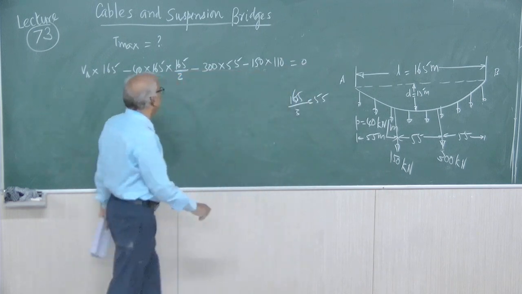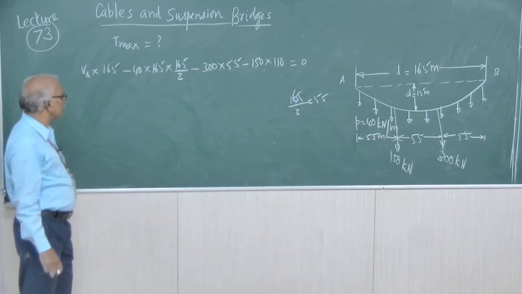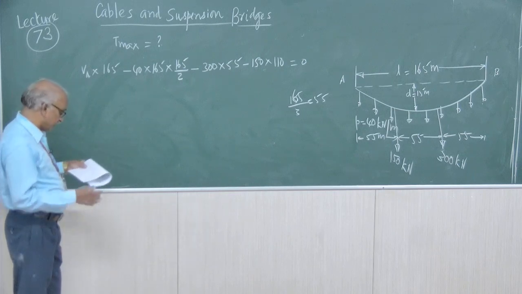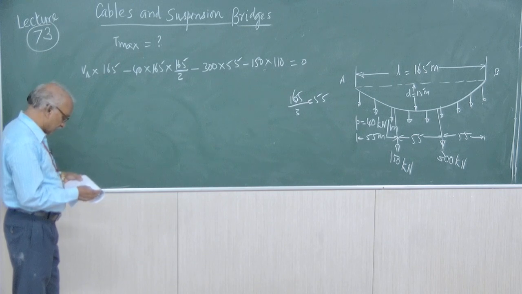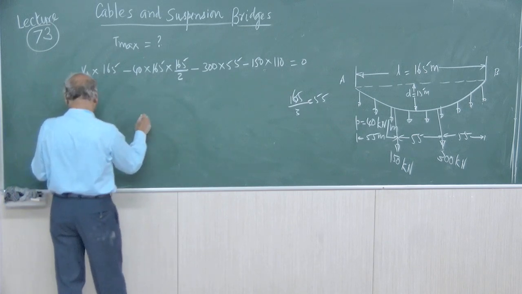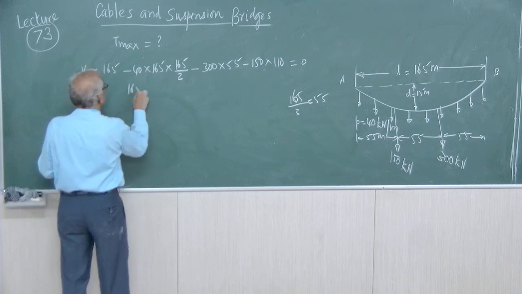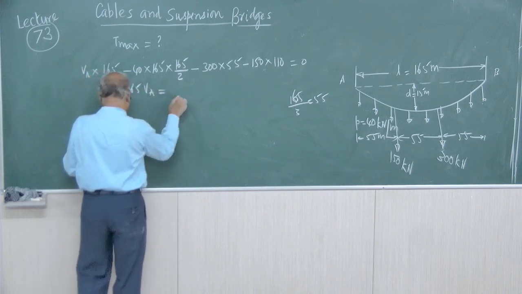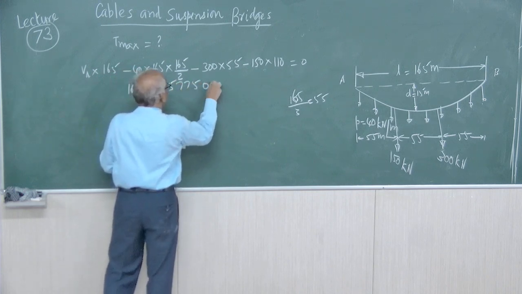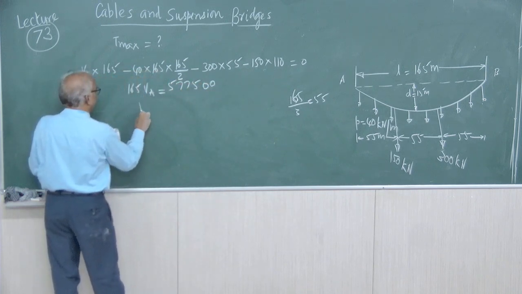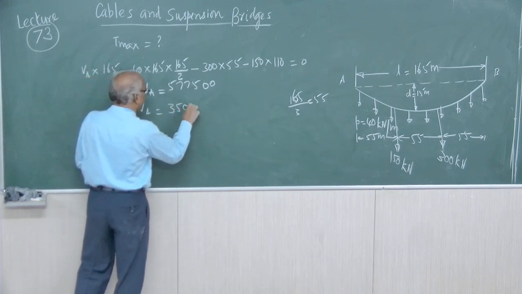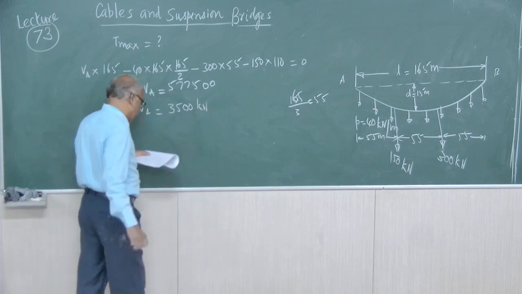This is a UDL and point loads. 300, 150 are the point loads. By taking moment about B, we get these values. So we find VA by simplifying: 165 VA equals 577500 and VA equals 3500 kilonewtons.